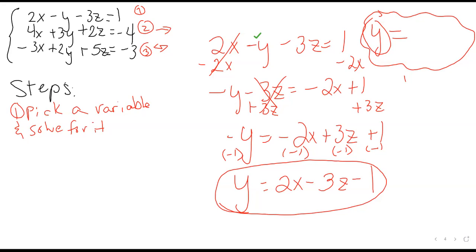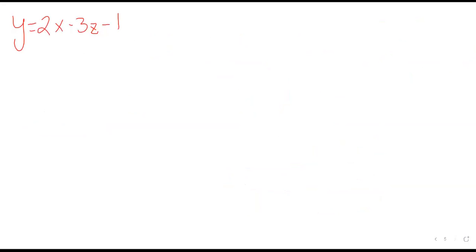Okay, so which do I want first, the second or the third one? The second one, sure. It doesn't matter, we have to do both anyway. So the second one is 4x plus 3y plus 2z equals negative 4.